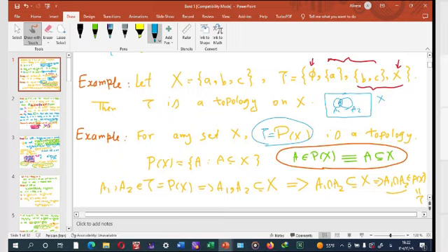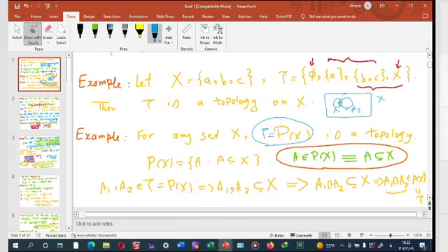As the second example, we see that for any set X, if we consider P of X, tau equal to the set of all subsets of X, this is a topology too.